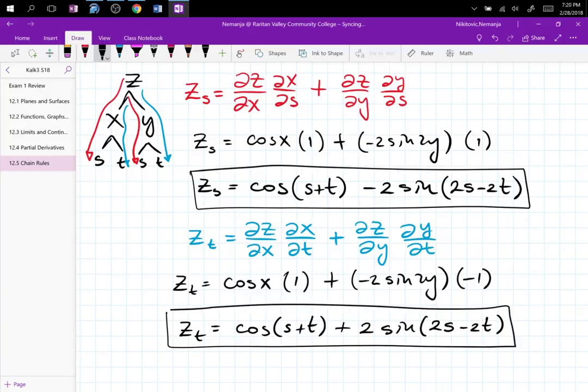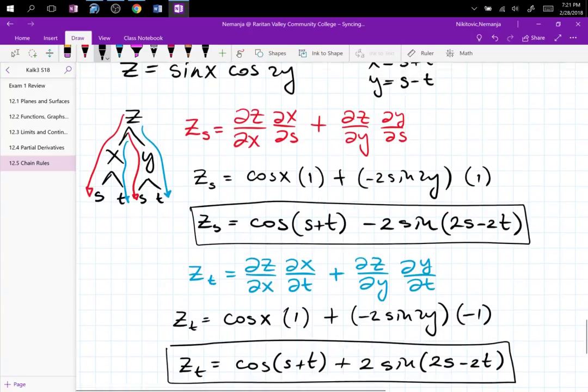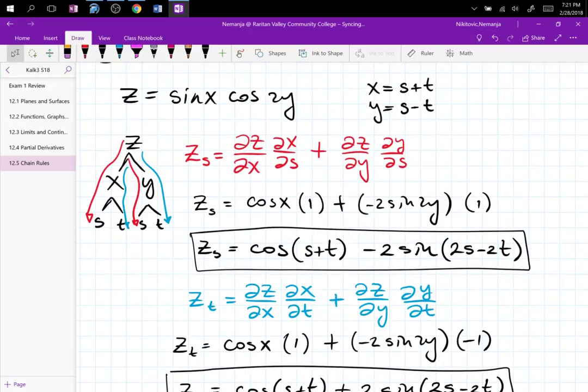I was confused. When you're taking the partial derivative of z with respect to x, why does the cosine 2y disappear? Ooh, that's times.